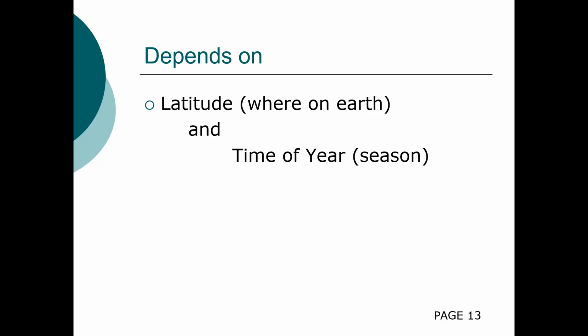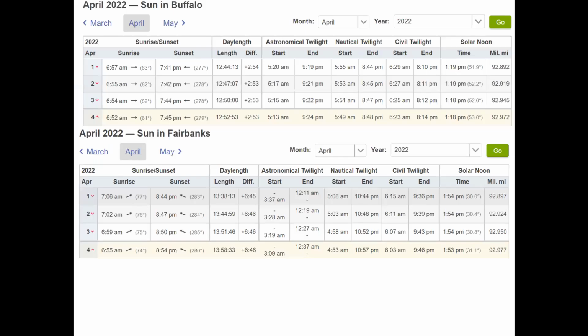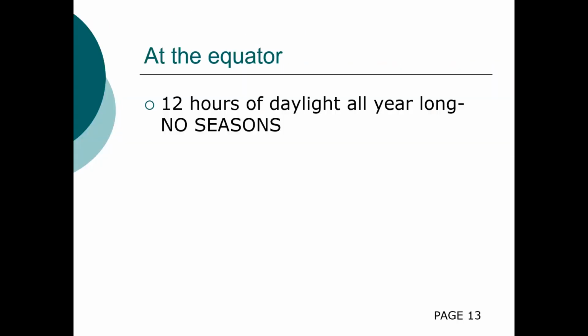And then what do we need about that? At the equator, 12 hours of daylight all year long. So places at the equator, sun rises at 6:30, sets at 6:30.